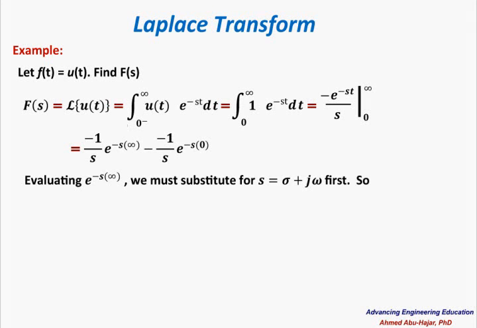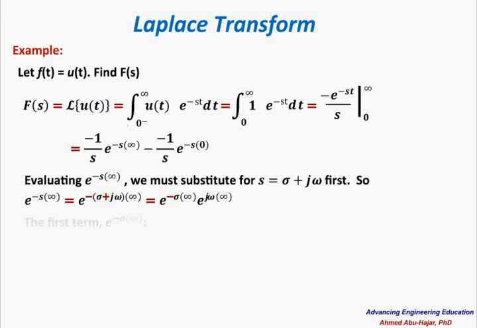So this will give us e to the minus s at infinity, which equals e to the minus sigma plus j omega times infinity. I replaced s equals sigma plus j omega. And now I can break it into two terms, so this will equal e to the minus sigma at infinity times e to the j omega at infinity.